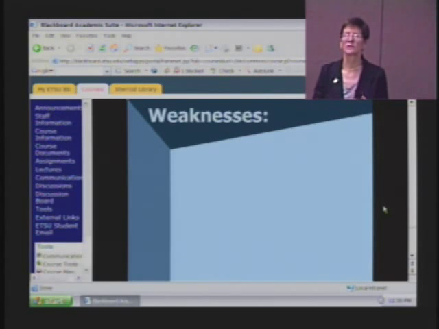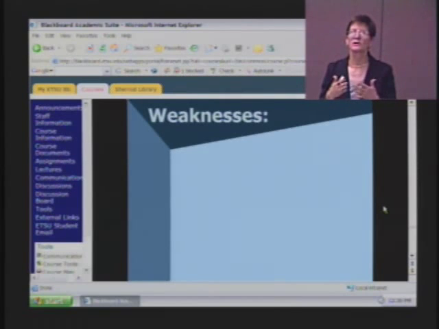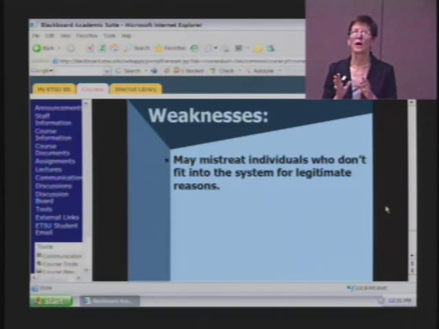Now, weaknesses. There are some problems with authoritative approaches, particularly if they are not implemented thoughtfully, judiciously, and with the idea that we really are here to promote teaching, learning, and the well-being of children. You can wind up mistreating individuals who don't fit into the system for legitimate reasons. This can be kids with various kinds of disabilities, behavior problems.